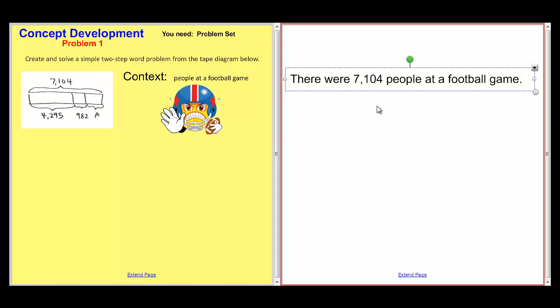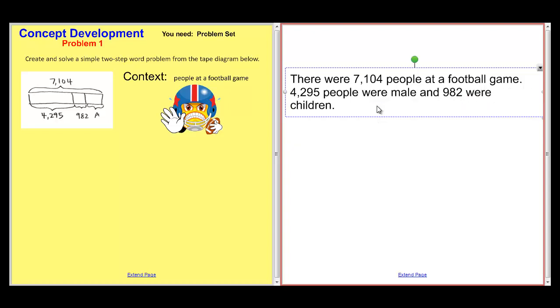What if I said something like 4,295 people were male, 982 were children, and then I could say the rest of the people were women.